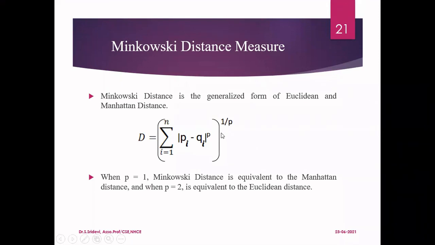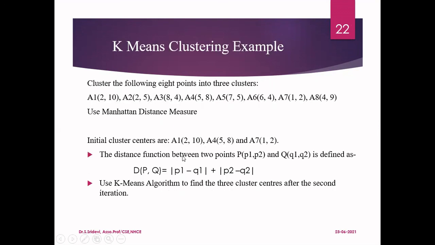That is nothing but the Manhattan distance equation. Suppose I substitute p equal to 2 in this equation, it is sigma i equal to 1 to n of Pi minus Qi power 2, the whole power 1 by 2. It is nothing but the equation of the Euclidean distance. So you can say that it is a generalized form of both the Euclidean and the Manhattan distance. So with this, we have finished the various distance measures.